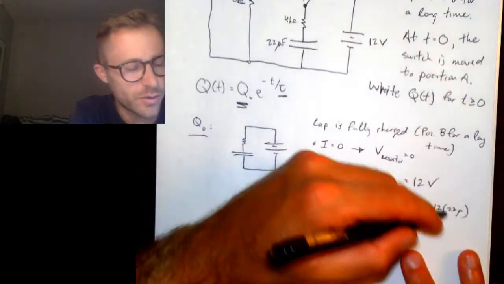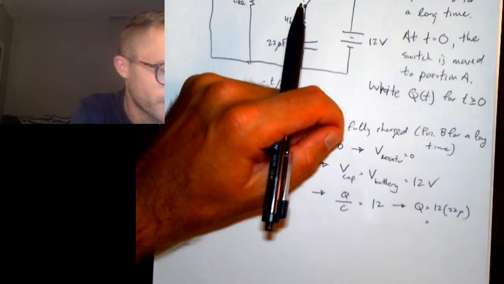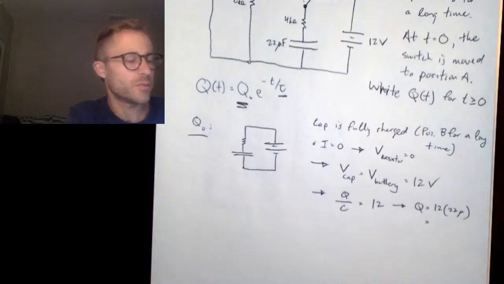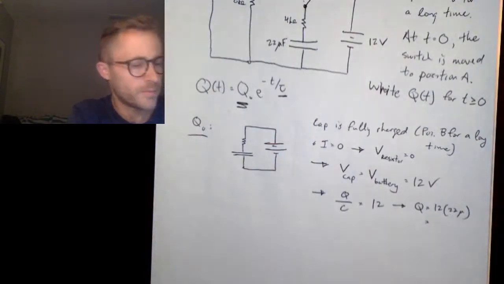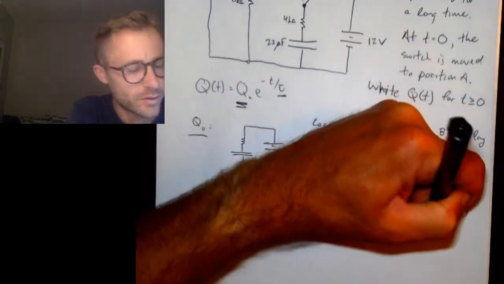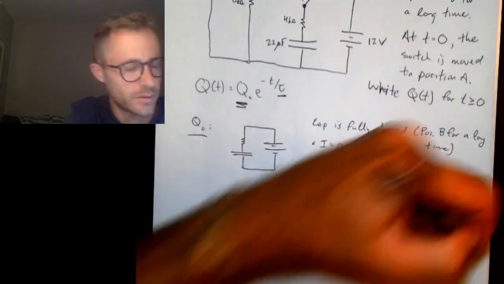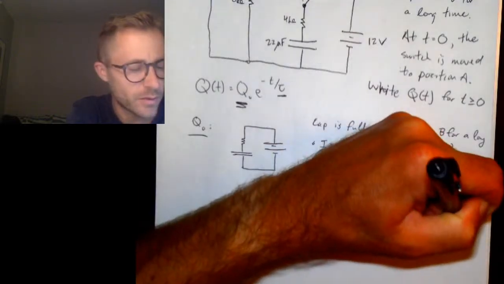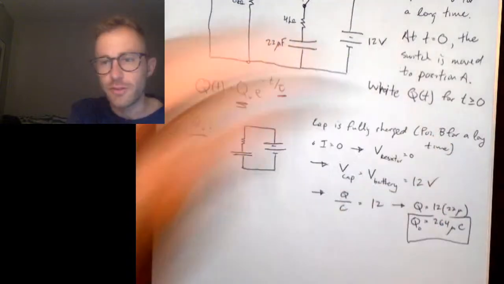So that's 220 plus 44. So that's what, 264? Yeah. 264. And then it's a micro times 10 to the 1. So 264 microcoulombs is the initial charge on the capacitor.